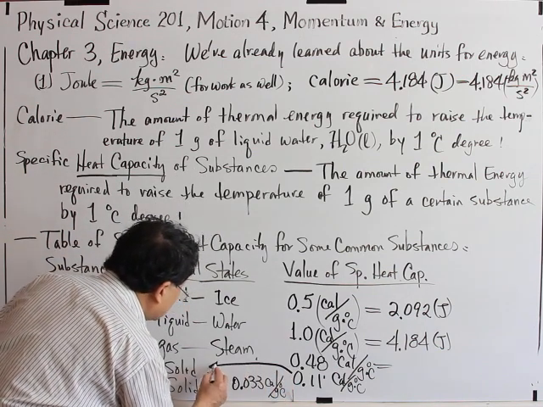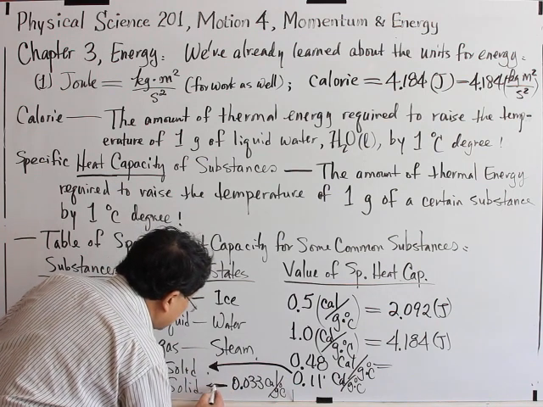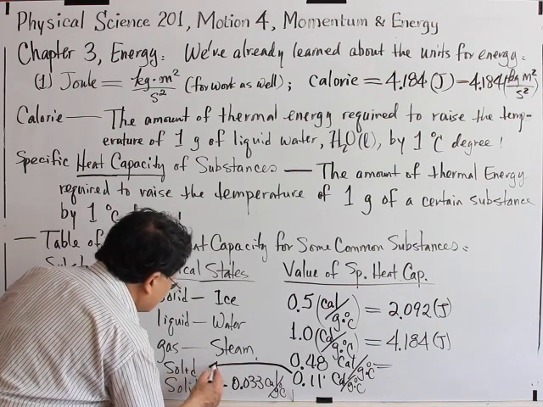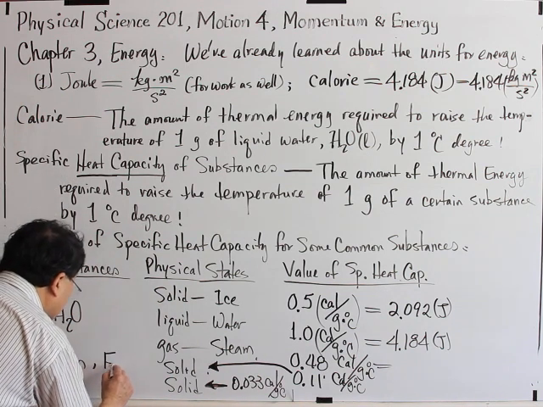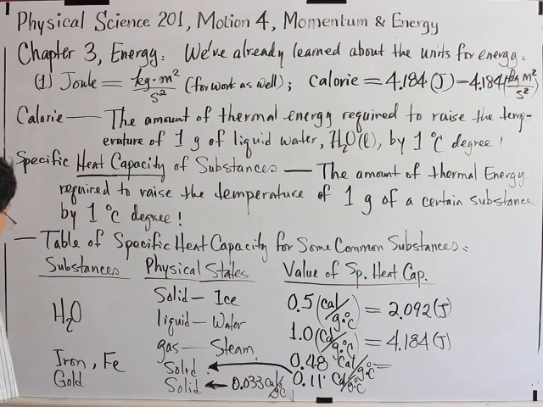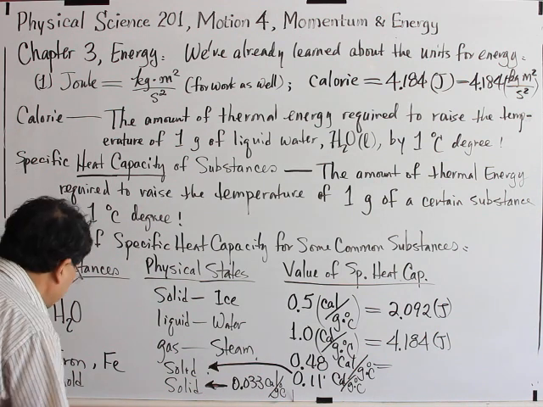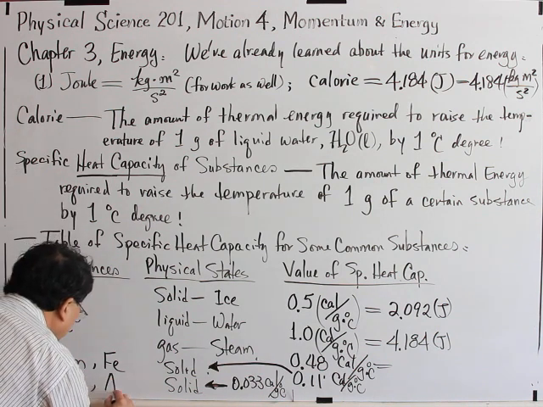Let me put the arrow so you see where it goes. This one goes to solid gold. This one goes to solid iron. Iron, the symbol in chemistry is Fe, because it's not English. And gold is Au.